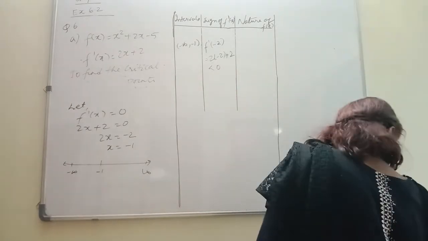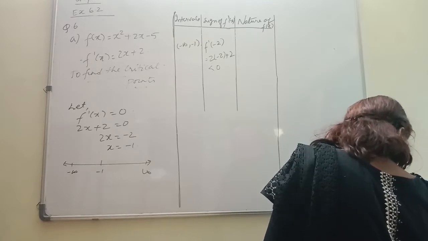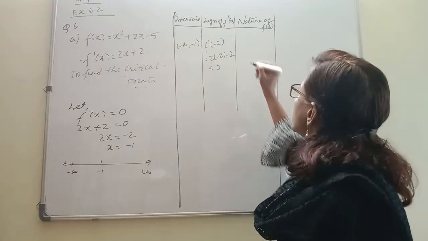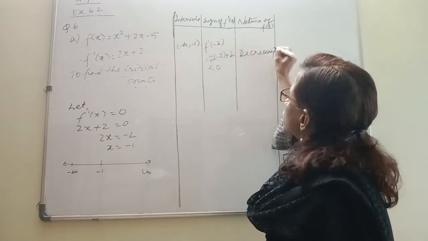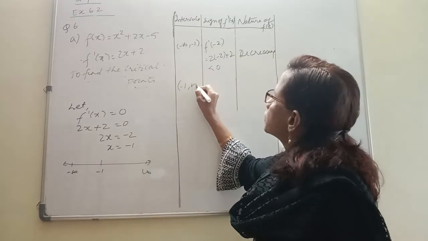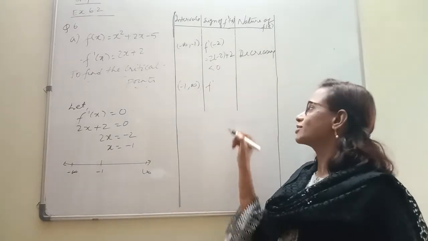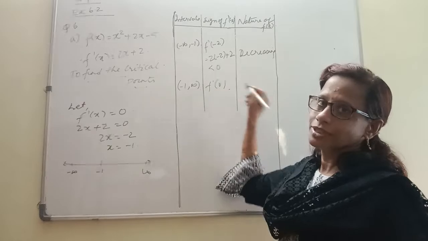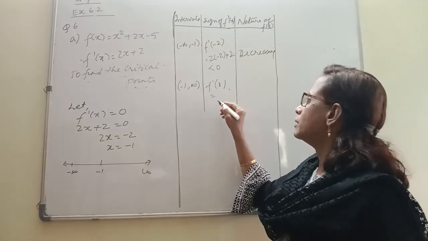So therefore it becomes decreasing in that interval. So, decreasing. Also, minus 1 to infinity. Let's take 0, which is in this interval. So you can take 0.